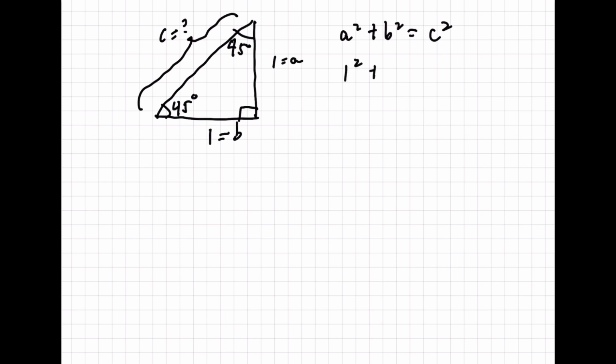So that's 1 squared plus 1 squared is equal to c squared. This is 2. So what is the value of c? Just get the square root of 2. So how our triangle would look is something like this.